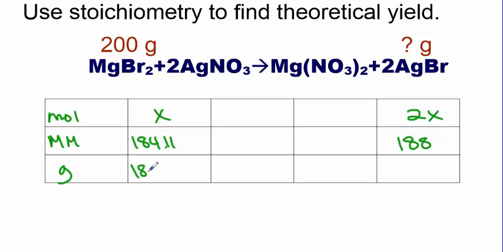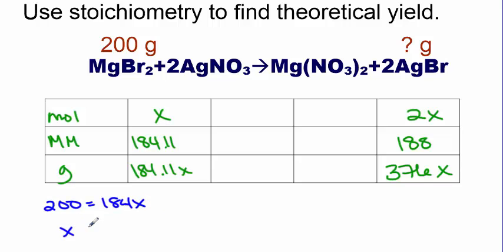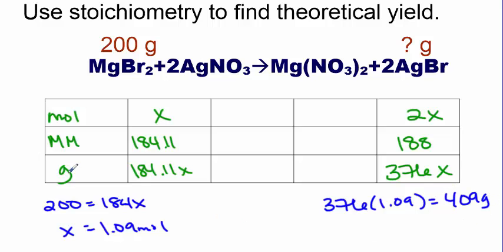So I get 184.11x, and then multiply that, and we get 376x. So now we need to solve for x. So 200 equals 184.11x. I'm just going to go ahead and round here. So x is going to equal 1.09 moles. So if I do 376 times 1.09, that's going to give me a theoretical yield of 409 grams.